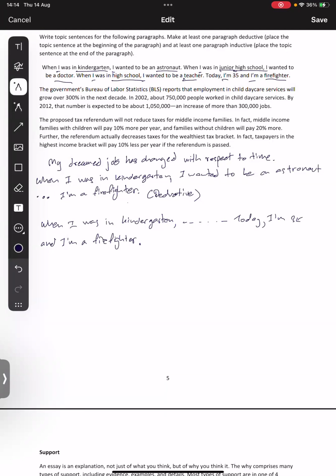In this case, I think it's best to use some sort of transitional word before you introduce your topic sentence or your claim. So you could say, for example, this suggests or this indicates that what?